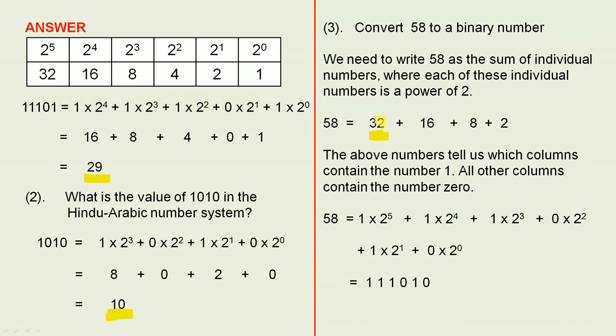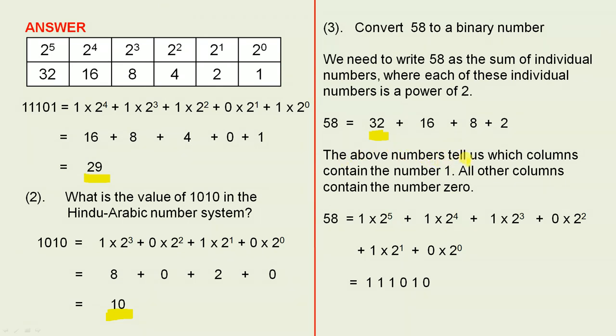Okay, so let's check. 32 plus 16 is 48. Plus another 8 is 56. We only have 2 left, so that number must be 2. So the 58 is the sum of those 4 numbers, and each number is a power of 2.